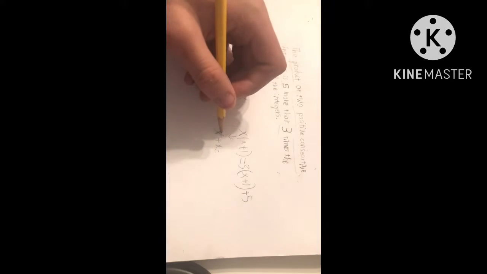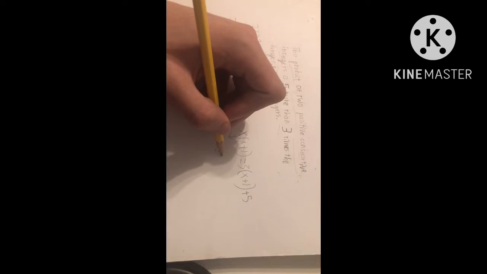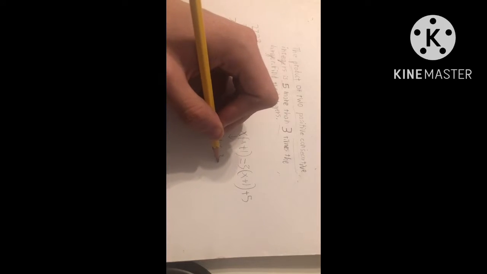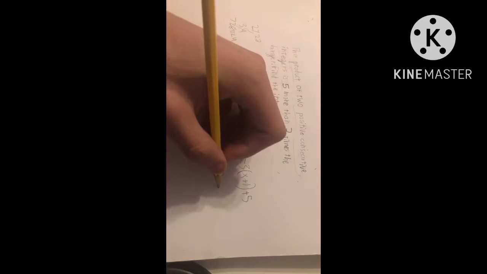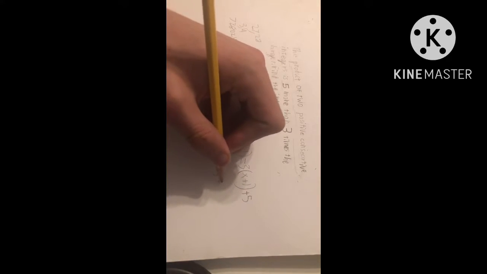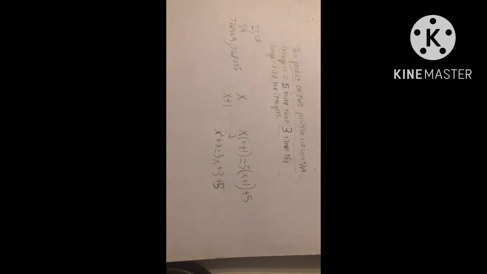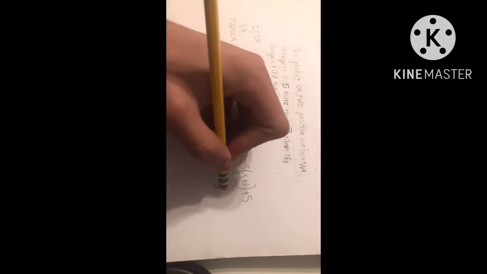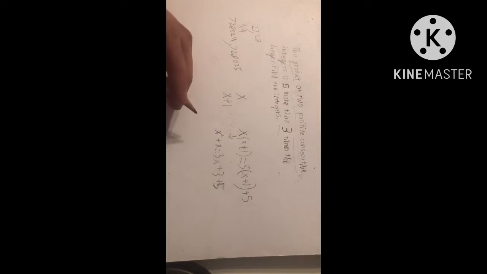And then for the second side, 3 times x plus 1 can be 3x plus 3. Oh, but we still add 5. We're not going to forget about 5. So we gotta algebra down. We have a basic algebraic expression.